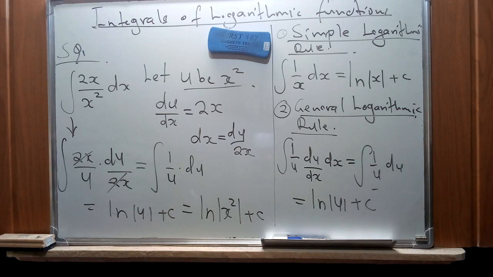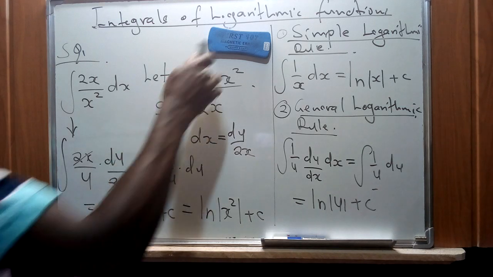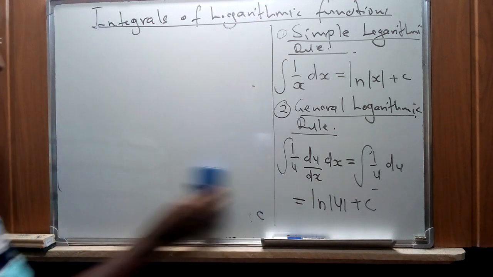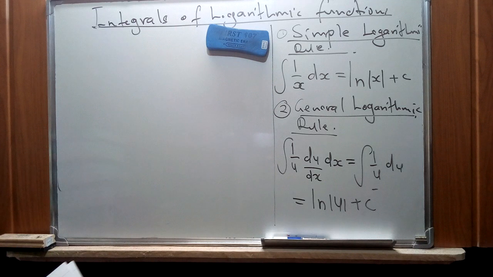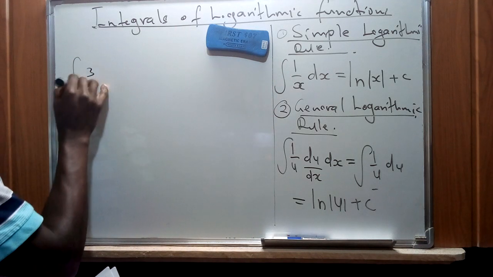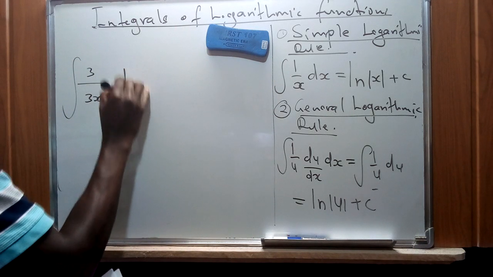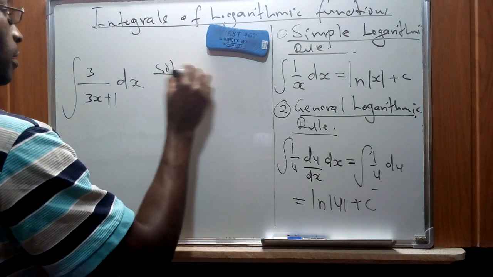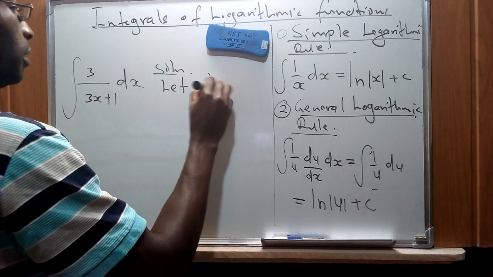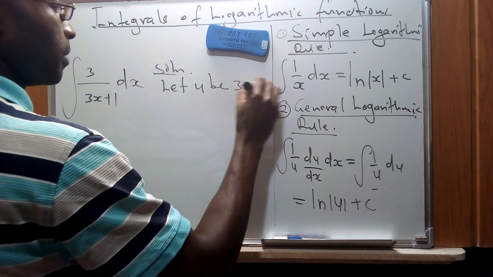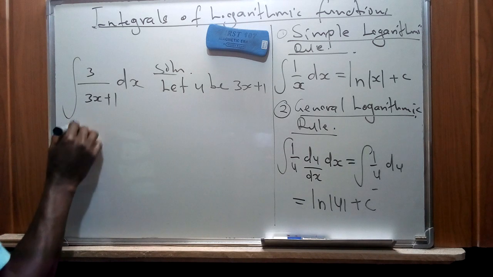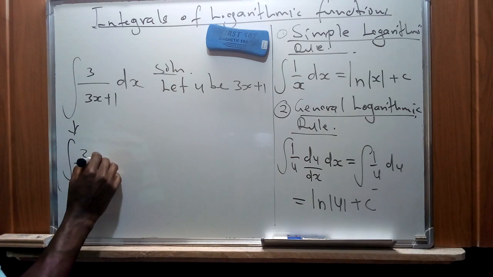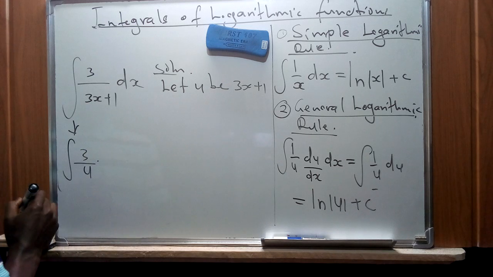Now suppose we have a function of the form the integral of 3 over 3x plus 1 dx. We still apply that strategy and say let u be 3x plus 1. Writing this integral, it will be the integral of 3 over u dx.